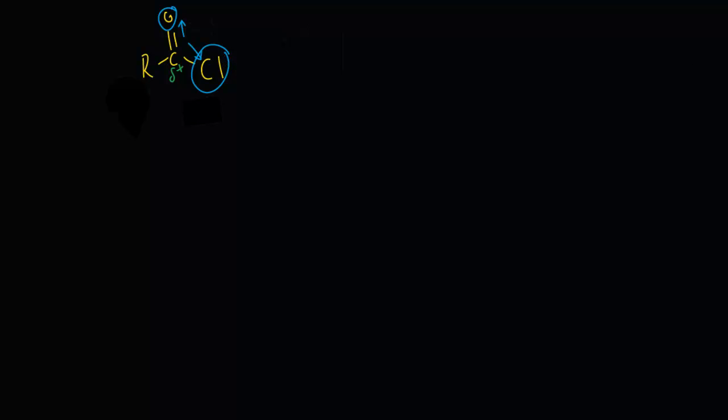So now, where before you had this delta plus, this delta minus, just based on the fact that you have C double bond O, right? Put a delta plus, delta minus. Now it's really going to be delta plus.